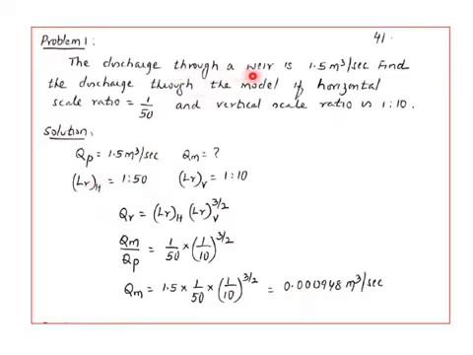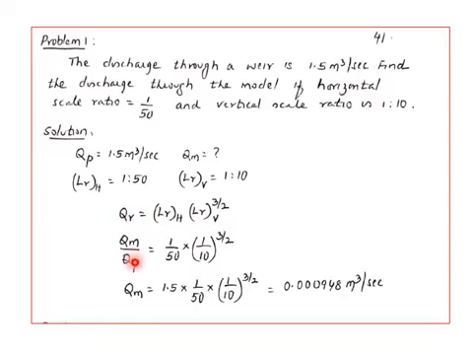The discharge through a weir is given as 1.5 meter cube per second. We have to find the discharge through the model if the horizontal scale ratio is 1 is to 50 and the vertical scale ratio is 1 is to 10. Here, you have to find the discharge, but you know that QR in the undistorted model is LR to the power of 5 by 2. Now it is LRH into LRV to the power of 3 by 2. So what is QR?